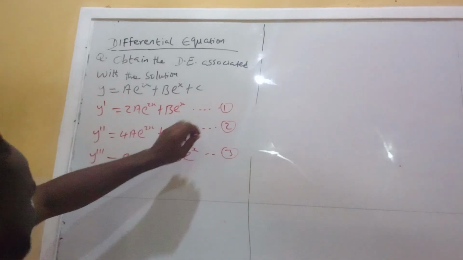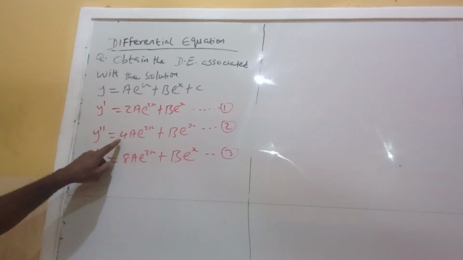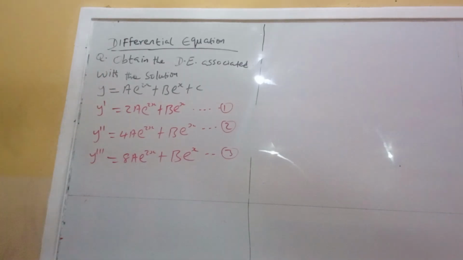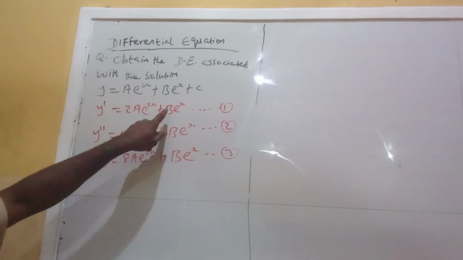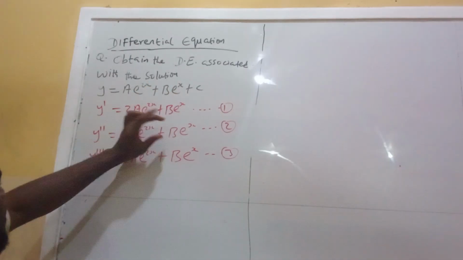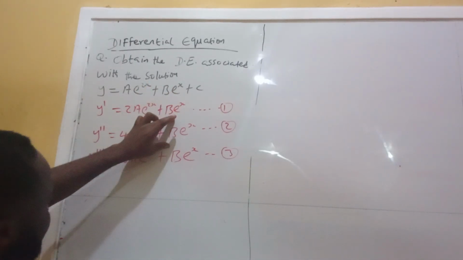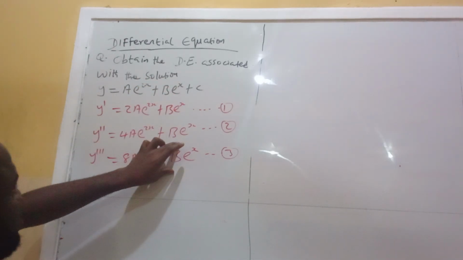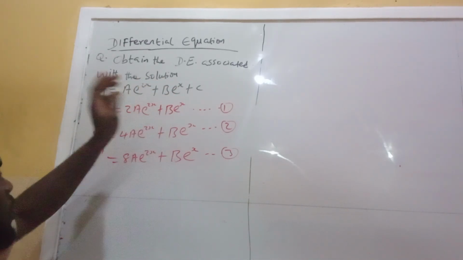So when we multiply equation 2 by minus 3, we're going to have minus 12. So that minus 12 plus 12 is 0. And the same thing is applicable. When we multiply this by 2, we're going to have 2 of this. Multiply this by minus 3, we're going to have minus 3 of this. That means 1 plus 2 is 3. And 3 take away 3 is gone.